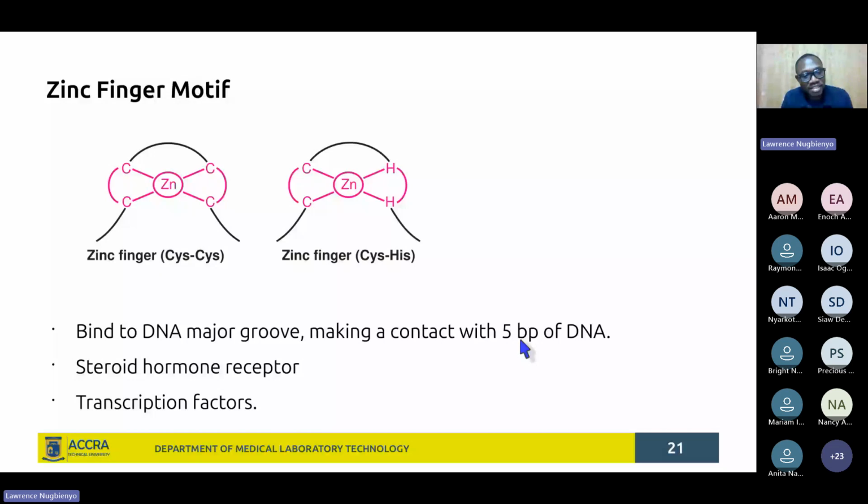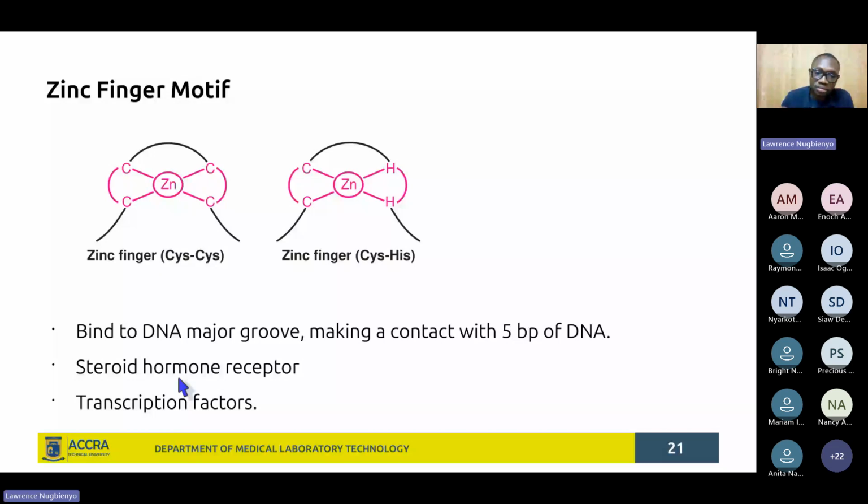And you find this sort of interaction with some steroid hormone receptors. When we come to hormones, we'll study some fundamentals of endocrinology. You realize that there are some steroid hormone receptors that penetrate the cell.